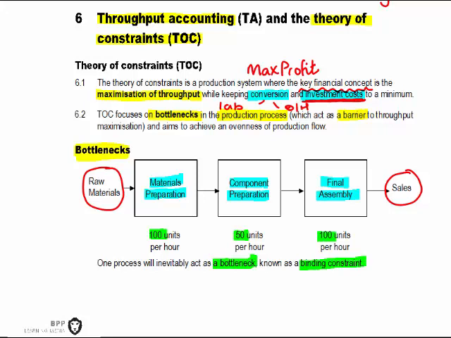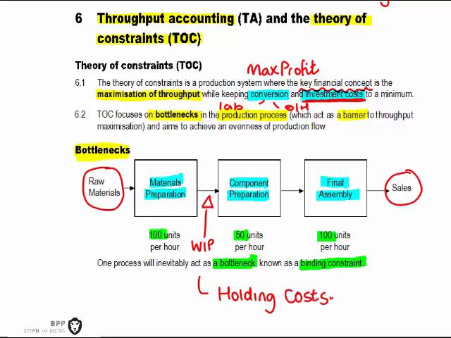Now, what's going to happen here is materials preparation is going to chug along at 100 units an hour, and work in progress is going to build up just before component preparation. Along with work in progress comes some holding costs, so it's not desirable to have a lot of work in progress here.